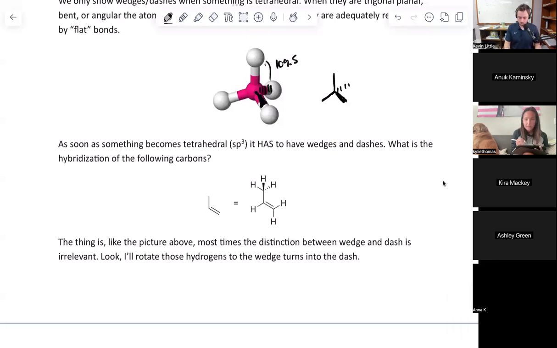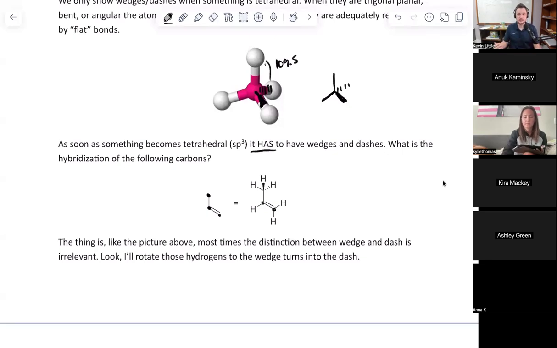All right. Once it's sp3, it has to have wedges and dashes. So, what is the hybridization of this carbon? I mean, it's an sp3, right? This is an sp2, and this is an sp2. So, these two sp2s are going to be flat. They are trigonal planar.